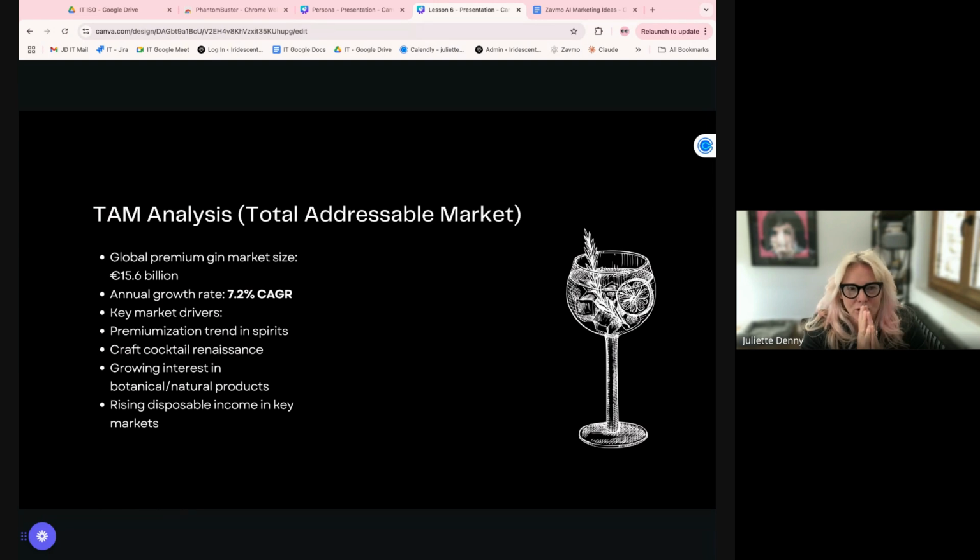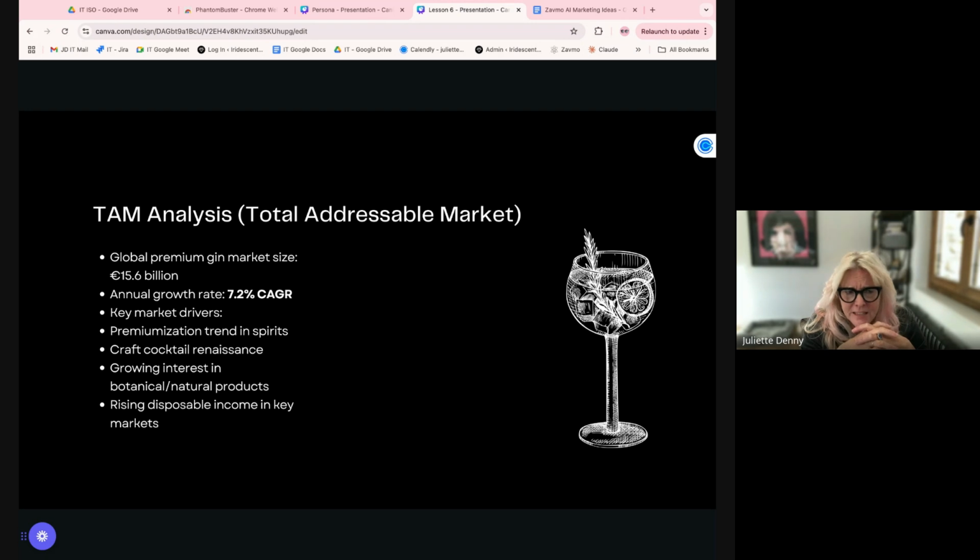But then the question really is, how big is it growing? And how big is this gin market growing compared to other products? So what's happening to tequila, what's happening to vodka, what's happening to some of those other spirits. That's the kind of thing that any investor is going to be looking at. Is the gin market in growth? And also, what is the trend of the gin market?